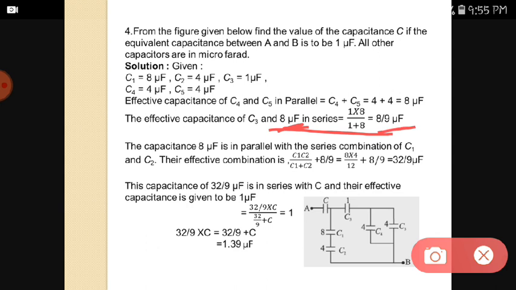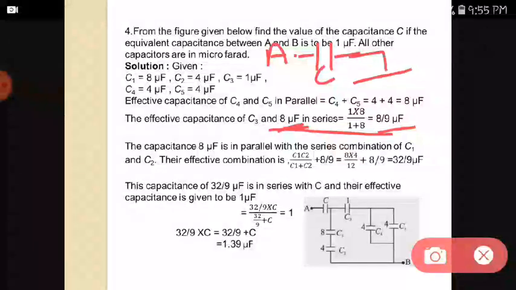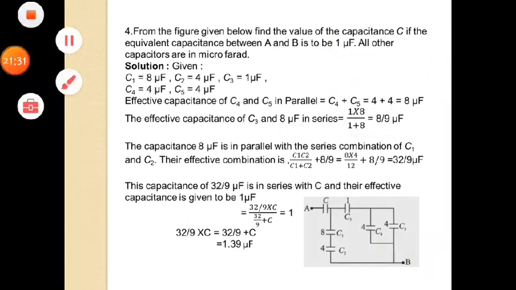So how will the diagram now look? This is C. I will draw it again.